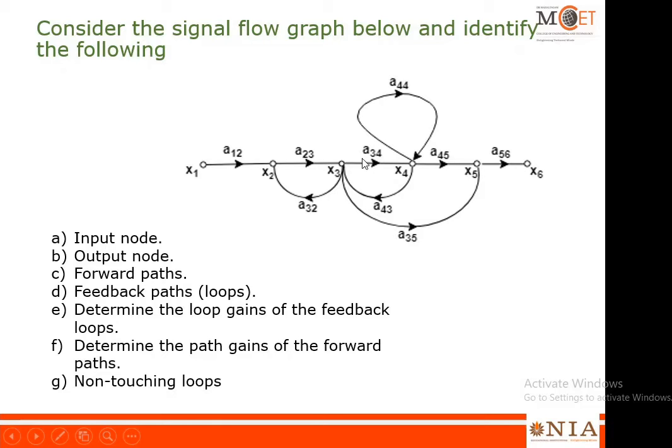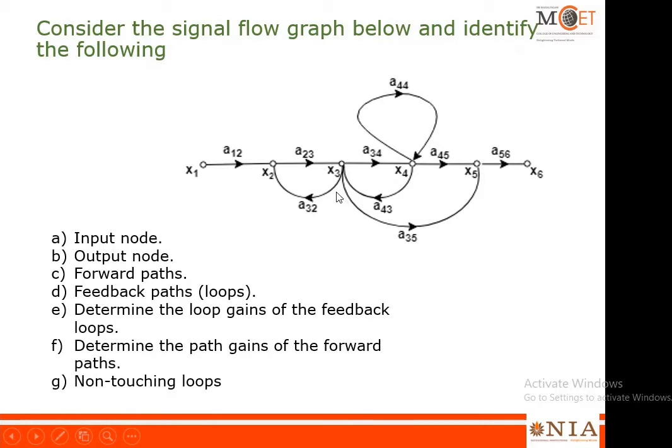There are only two forward paths here. One is this, and the second one is coming here, taking this path and going out. These are all feedbacks. I cannot move like this, come back and then go out, because I would cover these two nodes two times, which is not allowed. So there are only two forward paths.